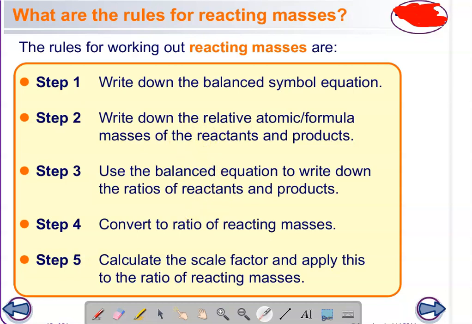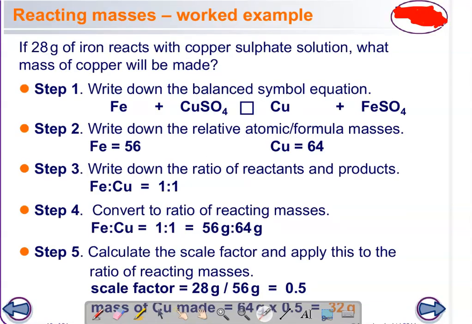Let's look at a specific example. Here you have a mass of iron reacting with a copper sulfate solution. What mass of copper will be made? So you are required to calculate the amount of product that will be made if you have a specific amount of a reactant. Let's go through our steps.